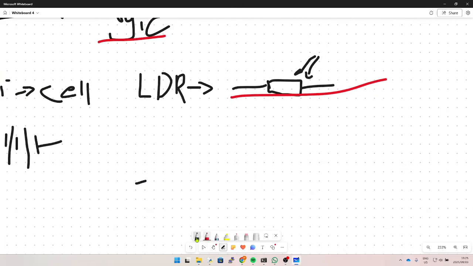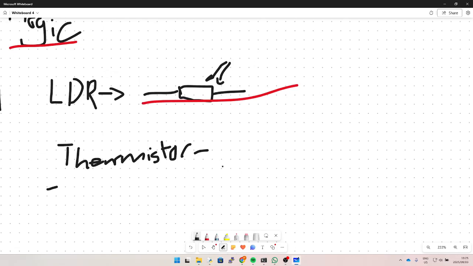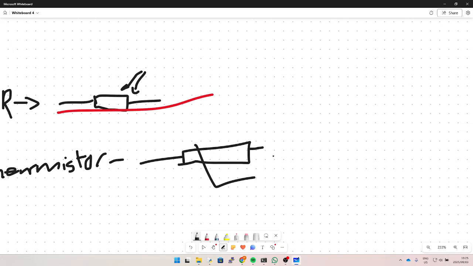Then next you've got a thermistor, however you say this. It detects changes in temperature, and the symbol is this here. It changes resistance.